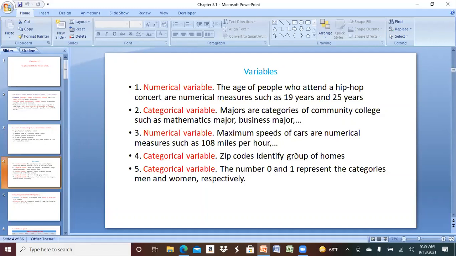The zip code identifies a group of codes, so it is a categorical variable. The number 0 stands for man and 1 stands for woman, that is a categorical variable. You identify the numerical and categorical variables.